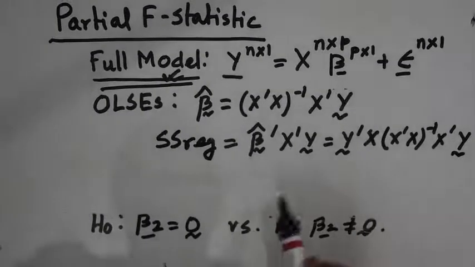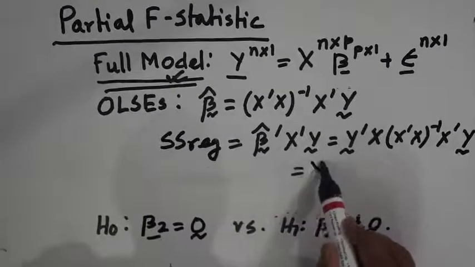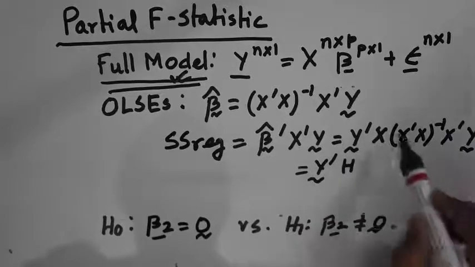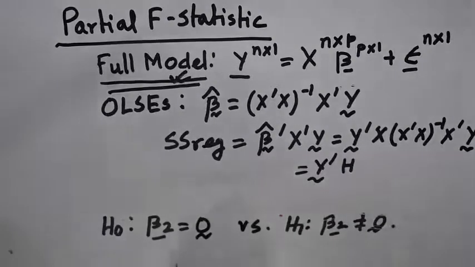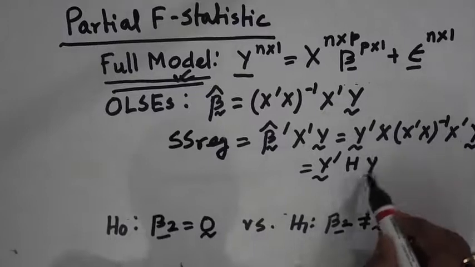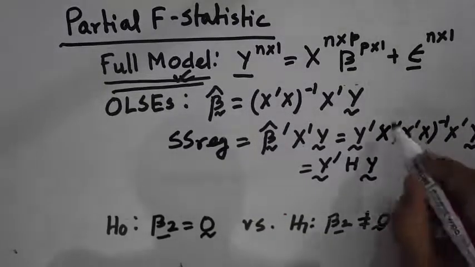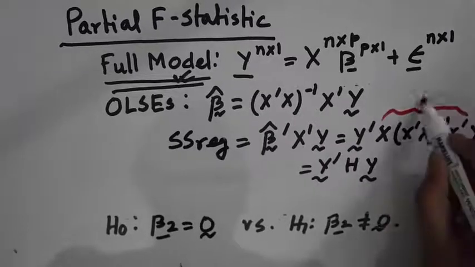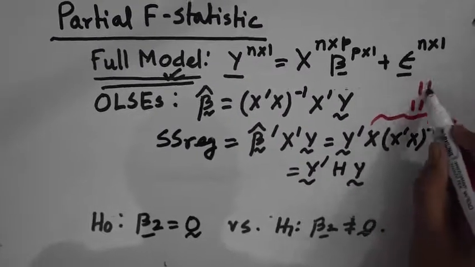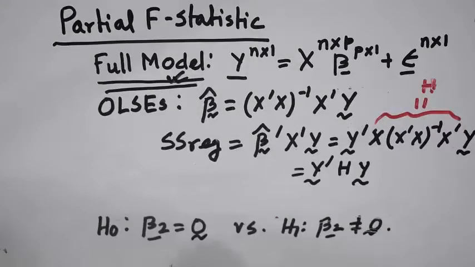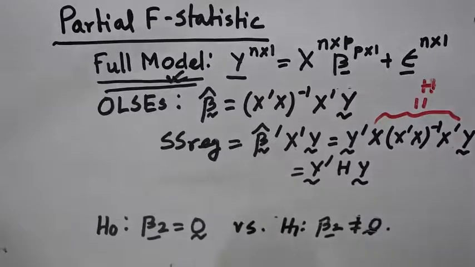We write it as y curl prime H y curl. This H is nothing but this portion, that is H equals X prime X whole inverse X prime.